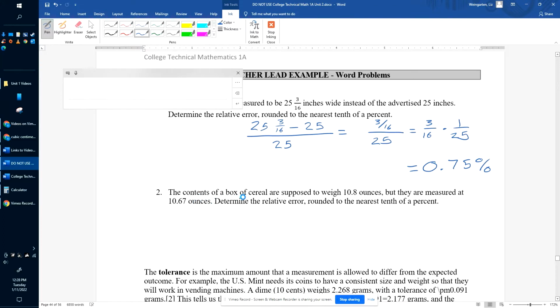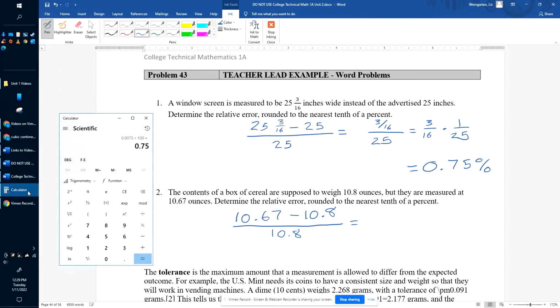The contents of a box of cereal were supposed to weigh 10.8 ounces, but are measured at 10.67 ounces. Determine the relative error, round to the nearest 0.1%. So we'll take what actually happened, subtract what should have happened, divide it by what should have happened, and see what we get.